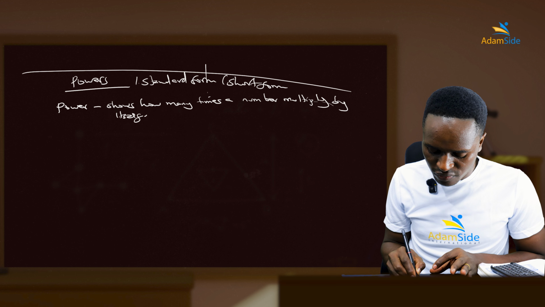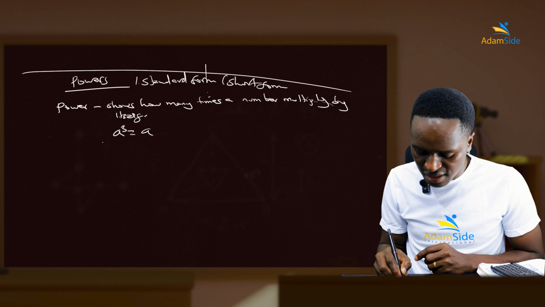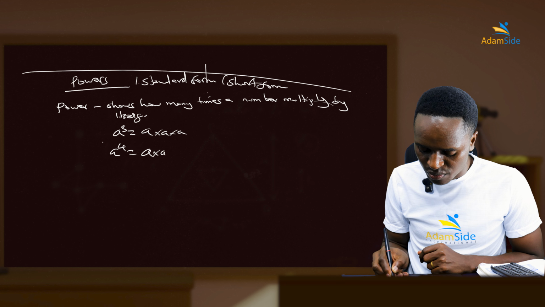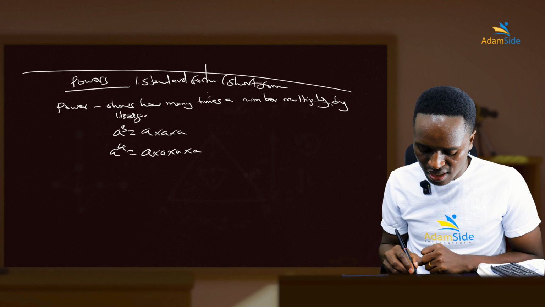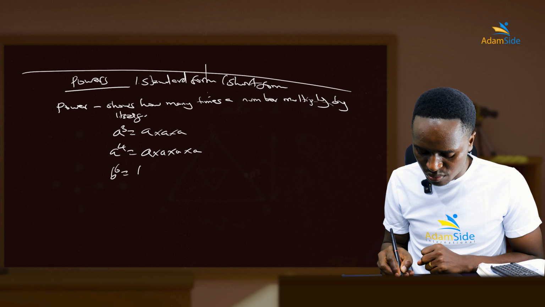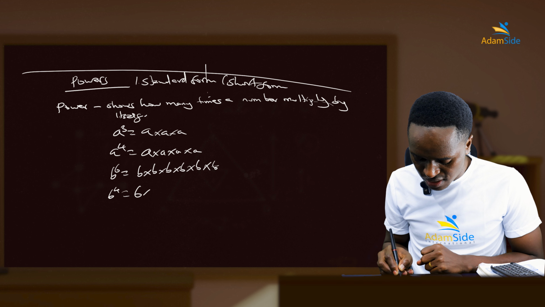For example, if you have a power 3, this means the number a multiplied by itself 3 times. If you have a power 4, this means a times a times a times a. If you have b power 6, that means b times b times b times b times b times b, 1 2 3 4 5 6. If you have 6 power 4, that means 6 times 6 times 6 times 6.